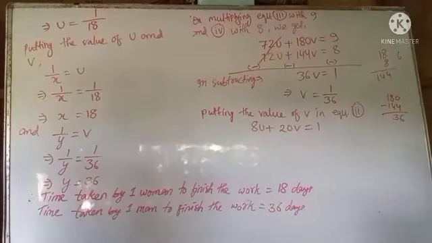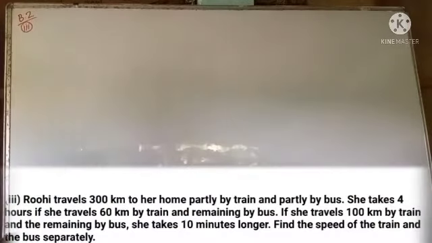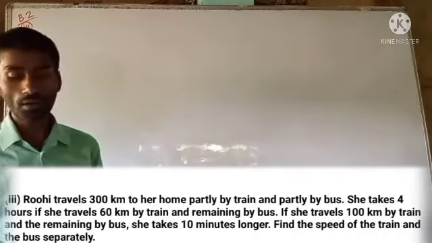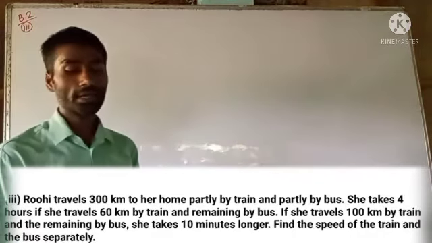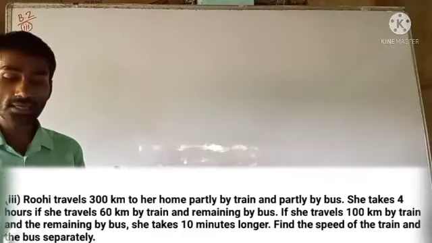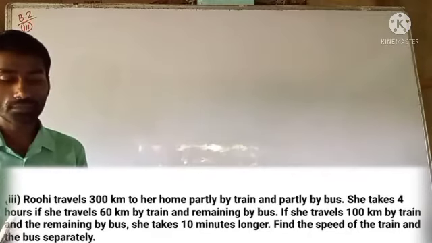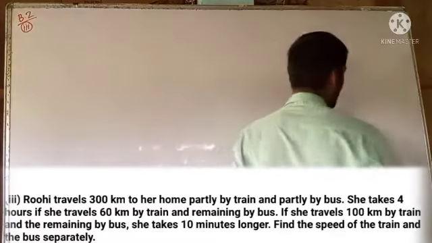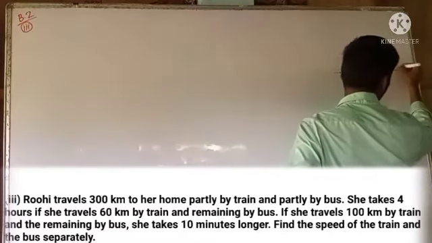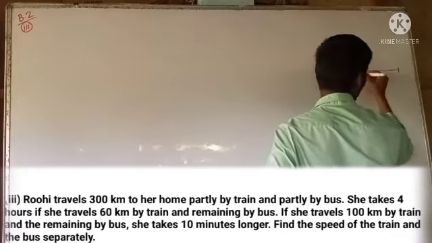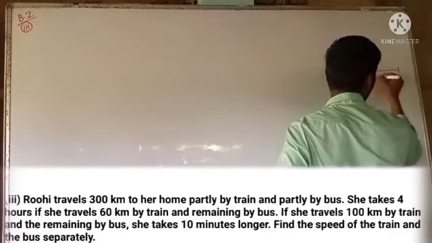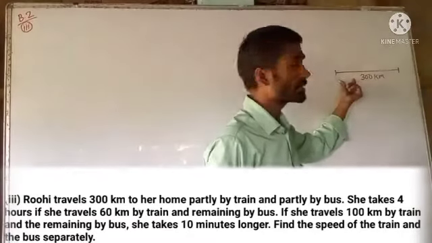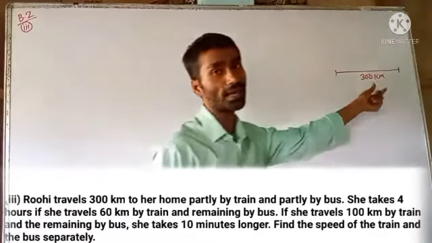Now let me show you option number 3. Now here option number 3, Rohi travels 300 km to her home, partly by train and partly by bus. She takes 4 hours if she travels 60 km by train and the remaining by bus. So here it is given that she travels 300 km total, and some part of it she travels by bus and some part of it she travels by train.